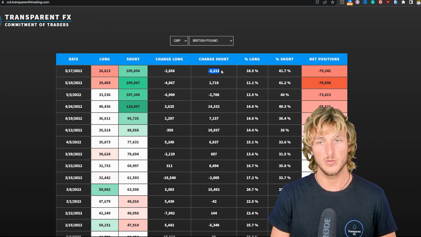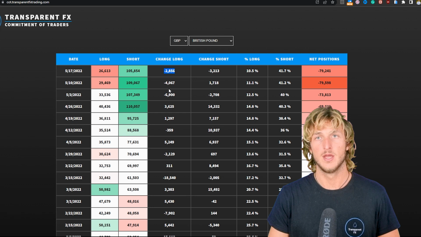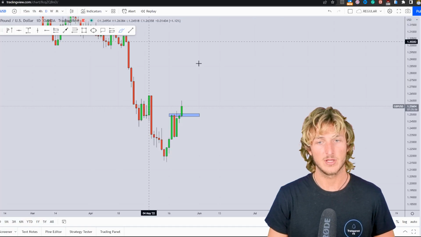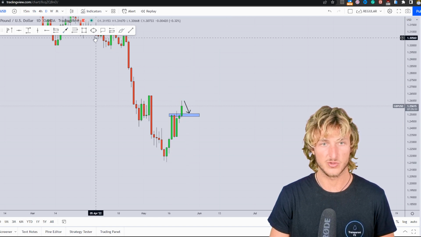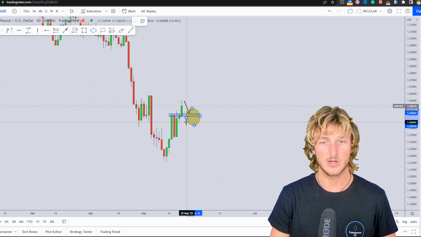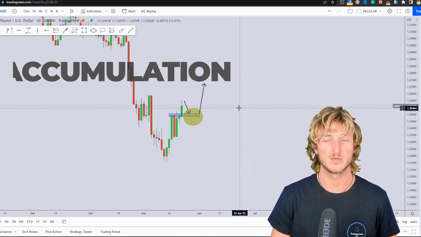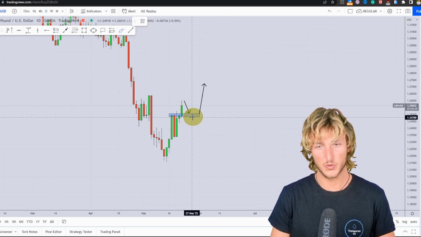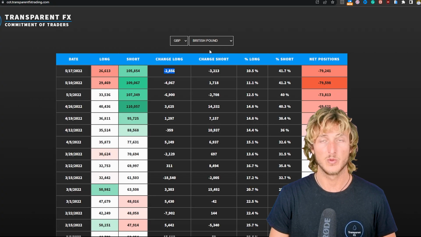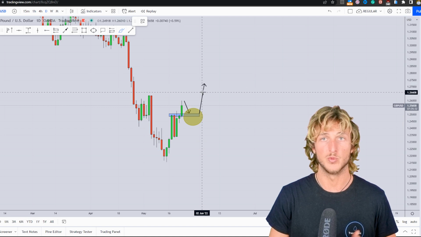We had shorts closed 3.2k, less longs closed than shorts, but definitely no longs getting added, meaning that we could still definitely expect a rejection to retest this previous resistance turned support, because this is a level inside of which we could see an accumulation of longs from an institutional perspective on the cable here. Now, if the market will actually correct to this area, and inside of here we will see longs added from an institutional perspective, that is how we could be approaching this potential move to the upside.